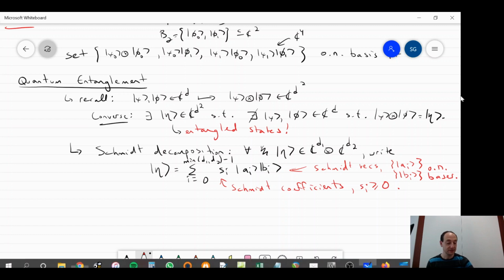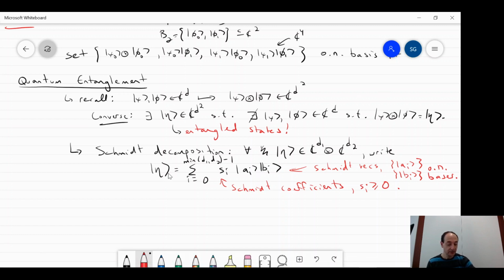The key point here is that, in general, I can always decompose eta in terms of two bases, but the indices match. When I'm indexing a_i and b_i in the tensor product, the Schmidt decomposition says there's a particular ordering of these basis vectors, so a_1 and b_1, a_2 and b_2, so that you can pair them together in this way and reproduce the state eta, with non-negative coefficients.